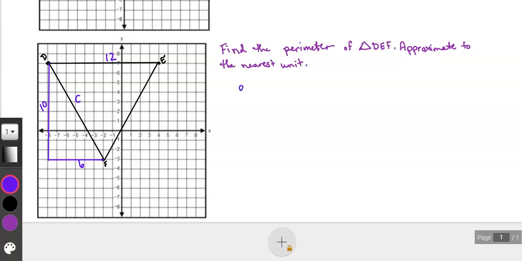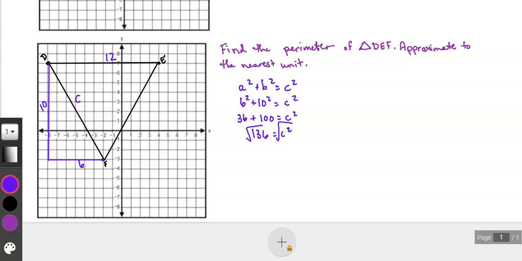So I'm going to substitute these into my Pythagorean theorem, a squared plus b squared equals c squared. I'm going to do A as 6, B as 10, and C is what I'm looking for. Well, 6 squared is 36, 10 squared is 100, and if I add those together, I'm going to get 136. Now remember, that is c squared, so I need to take the square root of that to get just c.